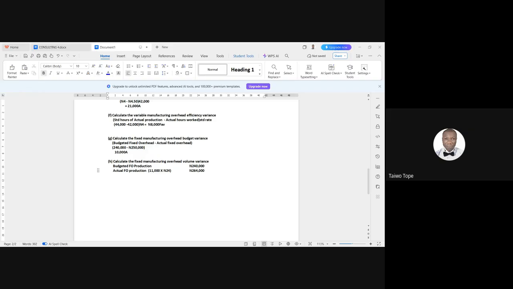So the concept is this: higher output, lower cost per unit. Higher output, lower cost per unit. So what are you doing? You've absorbed more. There is over absorption. But when you have lower output, you will under absorb your fixed cost. I don't know if you are getting it now.